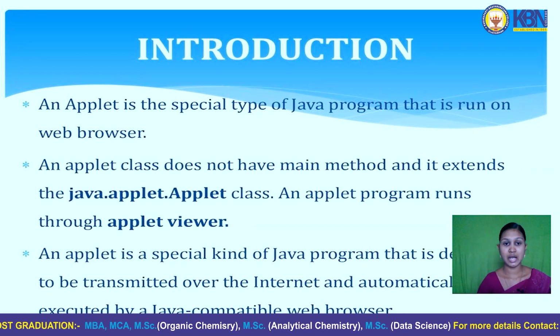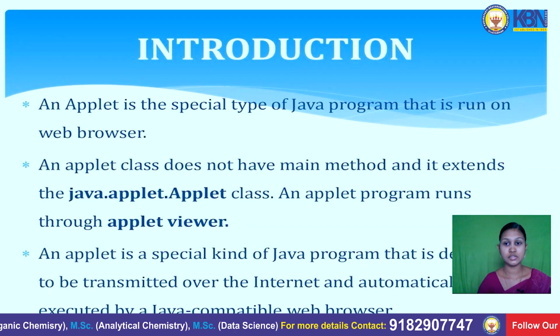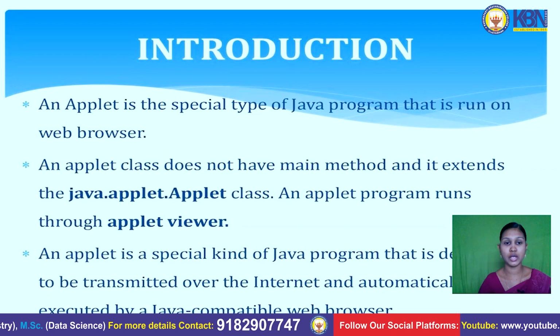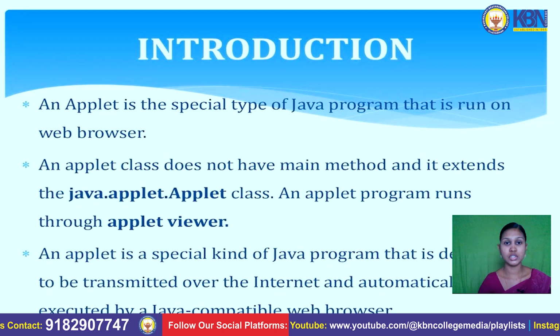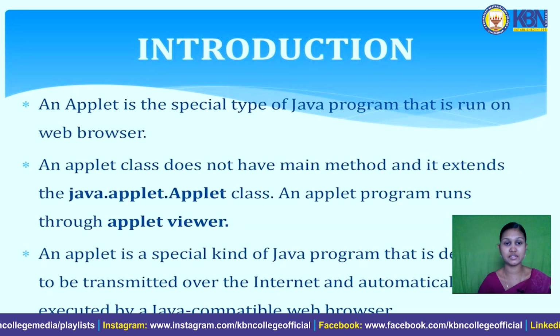An applet class does not have any main method, and in an applet you have to extend the java.applet.Applet class. Previously we learned that in any Java program you have to import files, for example import java.io.*; import java.util.Scanner; import java.util.*; But in an applet class you have to use the java.applet.Applet class.